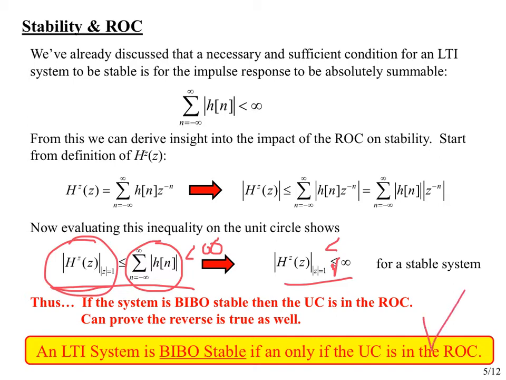So that allows us to state the result that you learned in the Signals and Systems class. An LTI system is BIBO stable if and only if the unit circle is in the region of convergence.